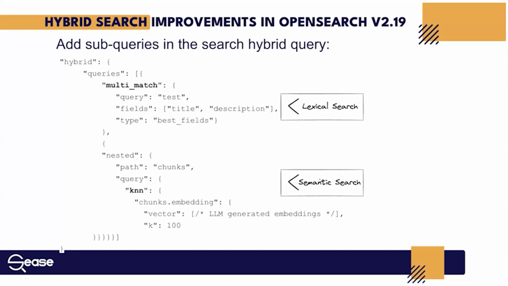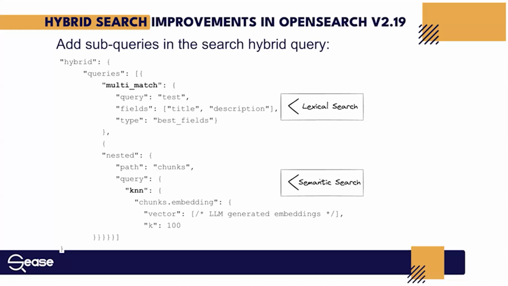For the kNN part, we are focusing only on the chunks. Chunks is nested, and inside it we focus on the embedding subfield, which is the vector generated by an LLM. It's generated in advance and indexed in OpenSearch, so we assume we do have that part.